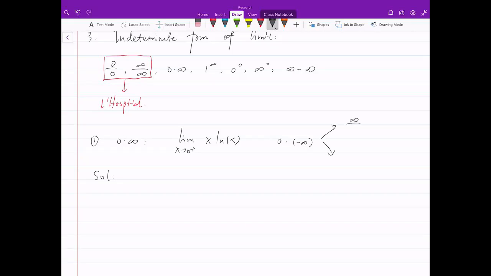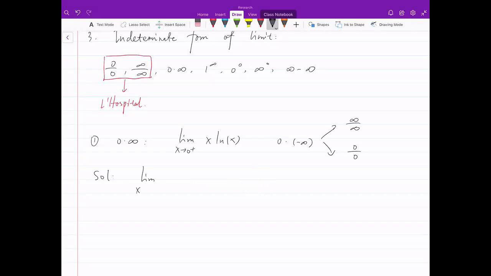You wish it were this or this, then I could use L'Hopital's rule, right? How do you change a multiplication into a division? You take the reciprocal of one of them. Instead of times, you divide by the reciprocal. Does it make sense here? That will work. So let's do that trick.